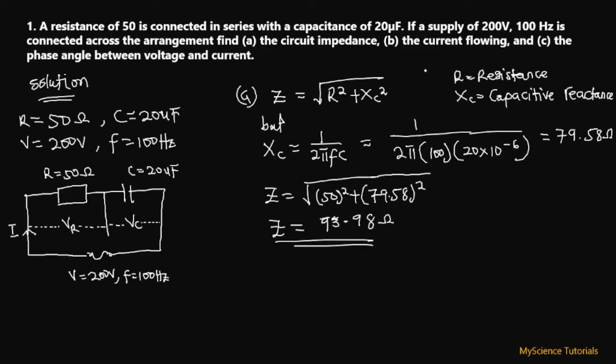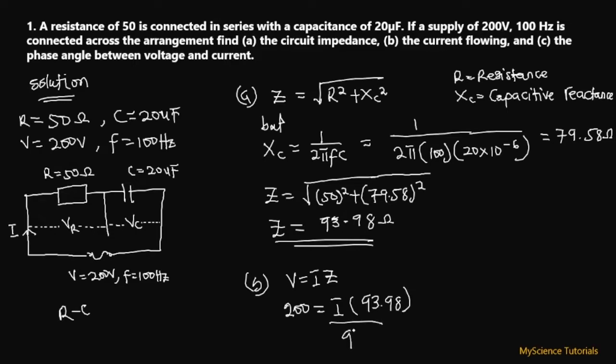Now, the B aspect of the question demands that we find the current flowing through the entire circuit. For this R and C series AC circuit, the voltage is equal to the current multiplied by the impedance, which is the opposition to the flow of current in this circuit. We've been given the voltage to be 200, equal to the current, which we do not know, times our impedance, which we just found to be 93.98.